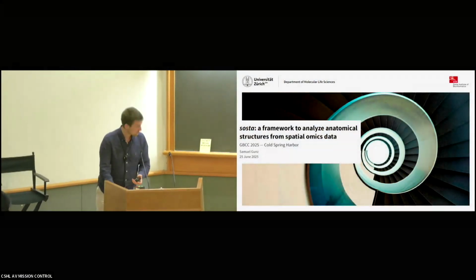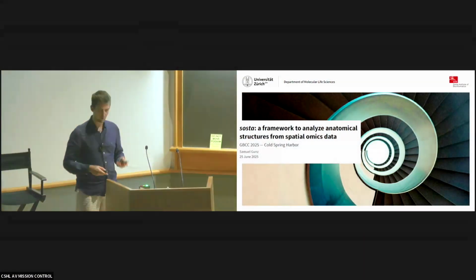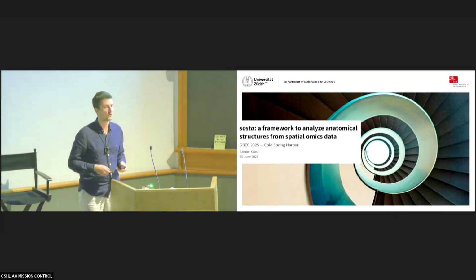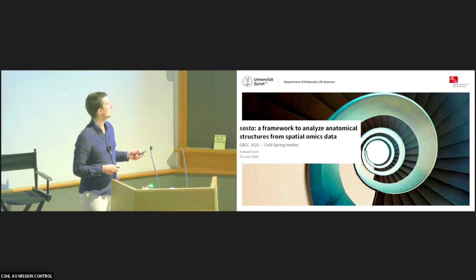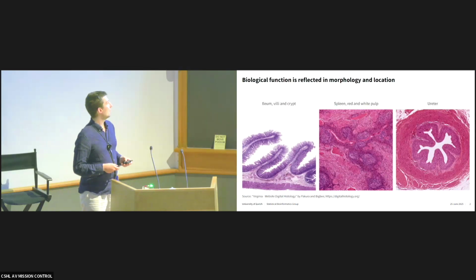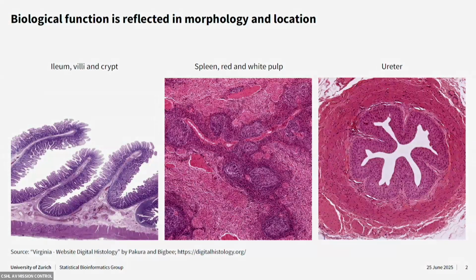Yes, thanks so much. We have seen some talks about spatial, and scale is a very important aspect of spatial analysis. So I want to show you the scale I'm interested in, which is multicellular anatomical structures. This is motivated by the variety of anatomical structures we found in the brain. These are histopathological images, and they reflect the variety of multicellular structures.